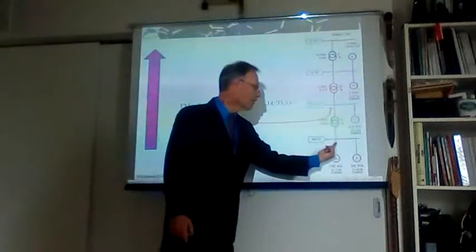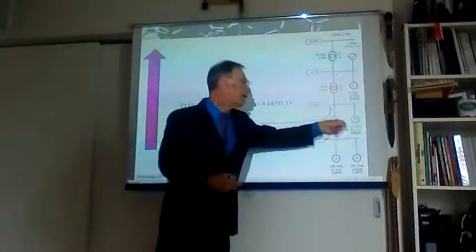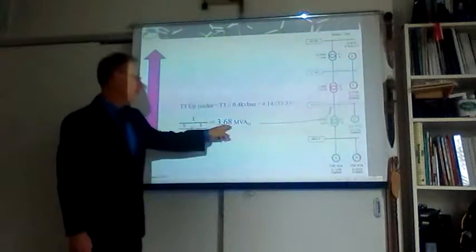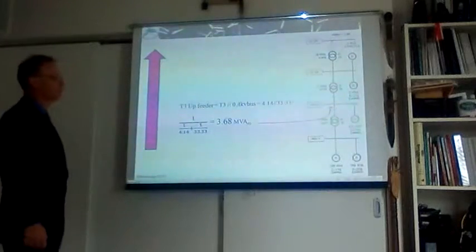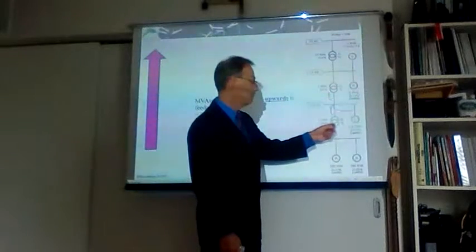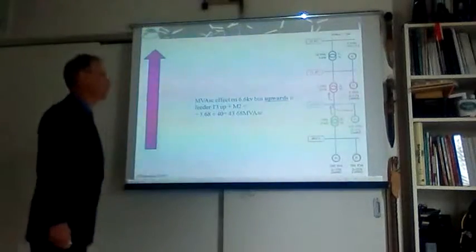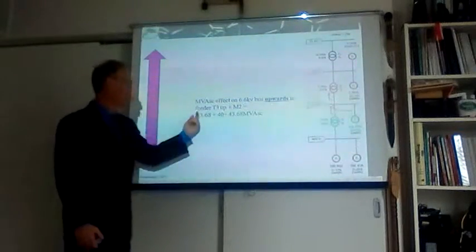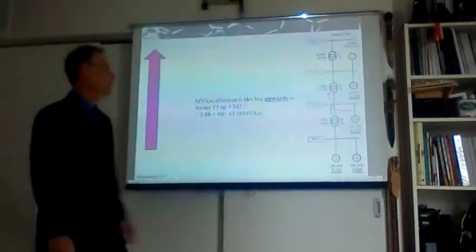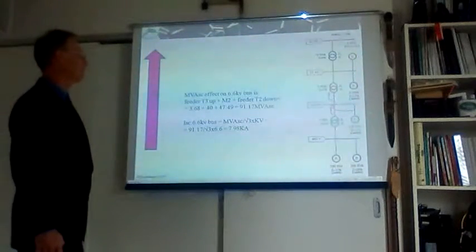That transformer will see the shock coming back, being added to its own capacity, will give us altogether 3.7 MVA. Then will be a collection of effects of that transformer and that motor into that transformer. Adding the two together, we are having 43.7 MVA coming into the secondary of the transformer.